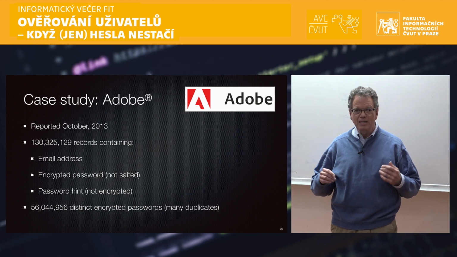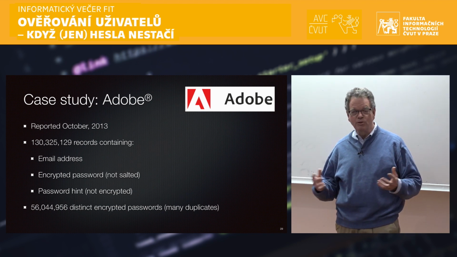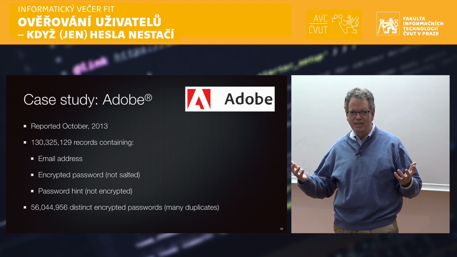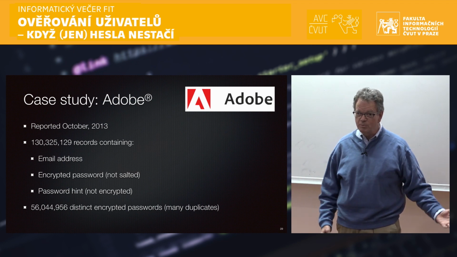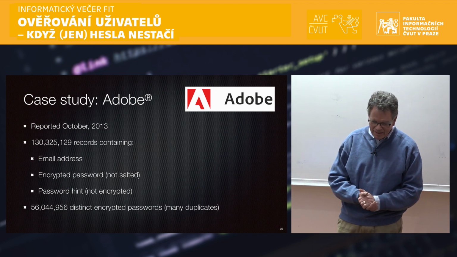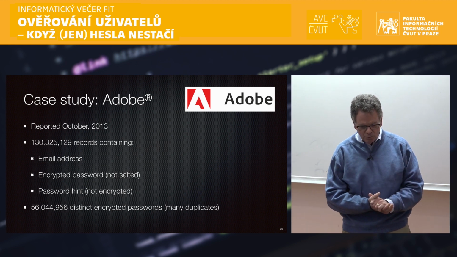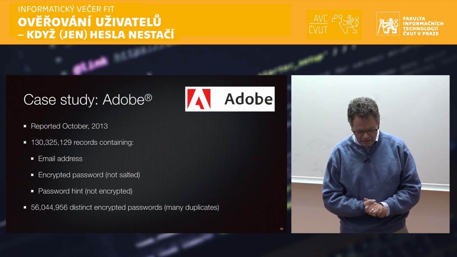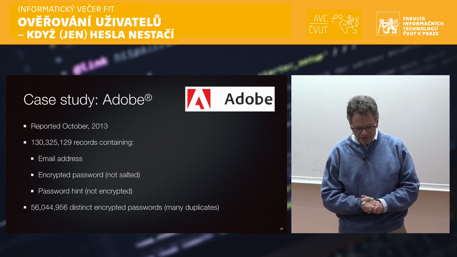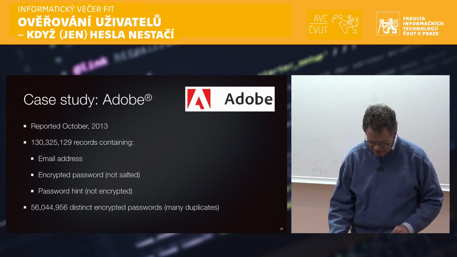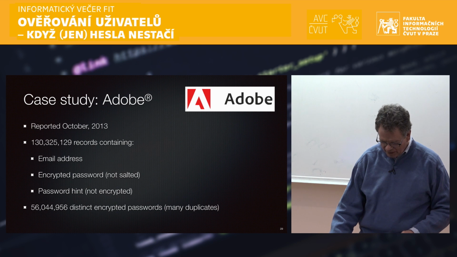And there was a password hint, which was not encrypted. You can't really encrypt the password hints because you have to be able to display them to the user, right? And so there ended up being about 56 million distinct encrypted passwords there.